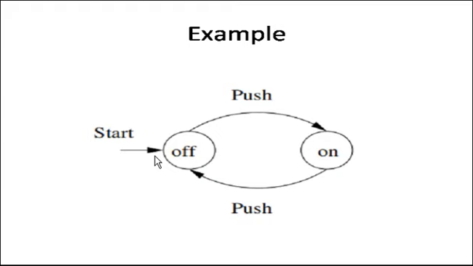In our example, we can say on is the final state, and the final state is represented by double circles. Here in this figure you can't see the double circle, but if we consider on as the final state, we have to represent it using double circles. So this is a simple FA of the on and off button.